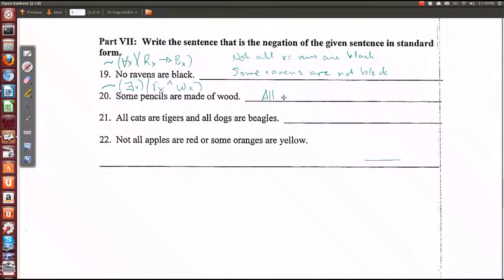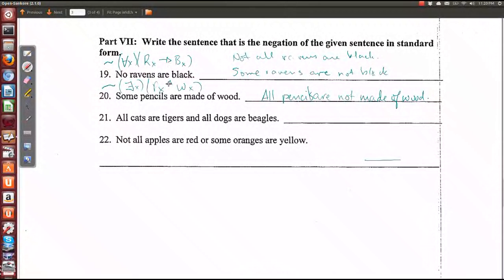So I'm saying they are pencils. All pencils are not made of wood. Remember that for our purposes, the opposite of an existential should give me a universal, which means it should give me a conditional.